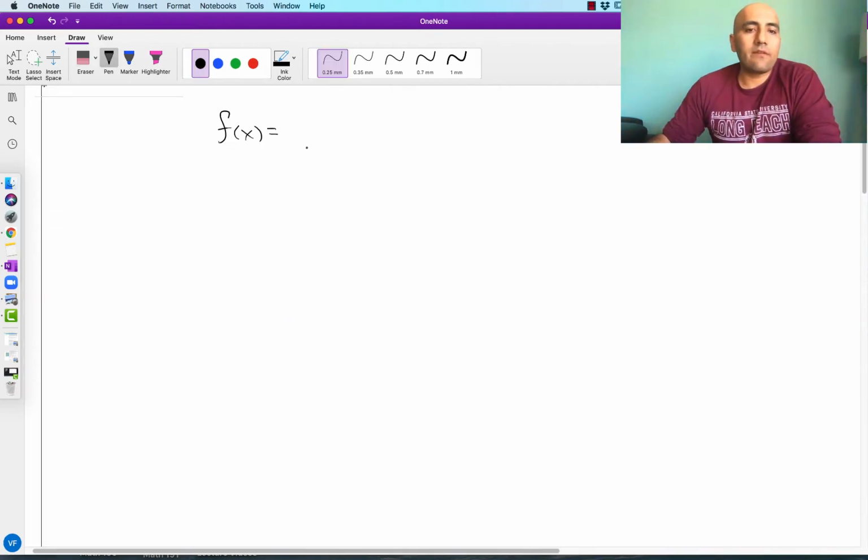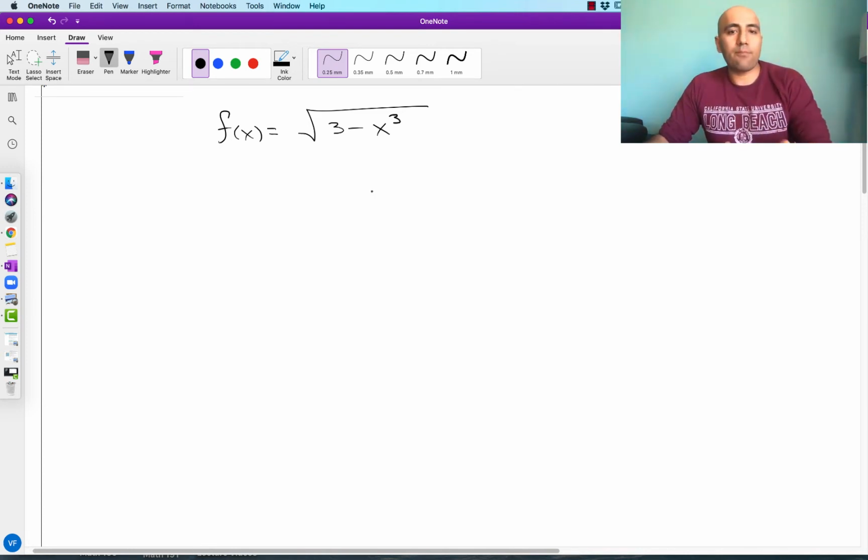So we might be given a function that looks like this, the square root of 3 minus x cubed, for example. That's a complicated looking function, but we can think of a way to separate this as a composition of two functions such that it might be a little bit easier. And there's actually more than one way to do this.